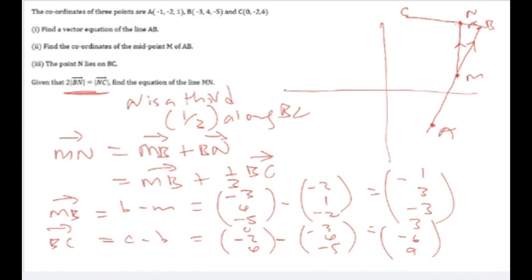So now we can plug these values into the general equation so that we find the coordinates of N, right? So we're simply putting the value of MB, as well as the value of BC, and we know that our lambda is 1/3. So that makes everything simple.